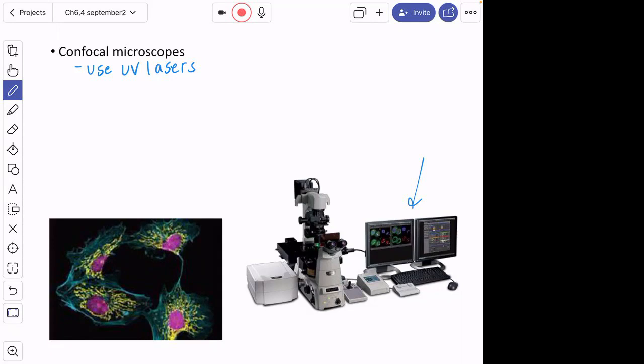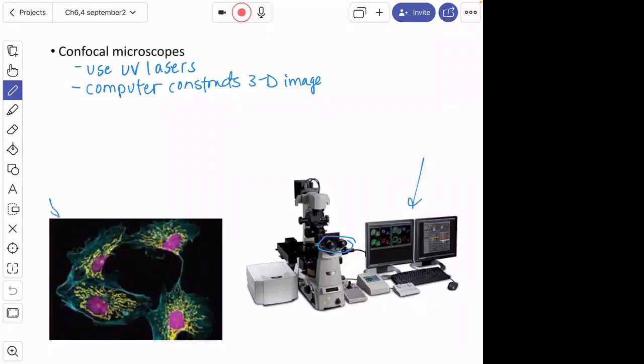And the computer actually constructs a 3D image. So it looks like there's some ocular lenses here and that you can actually look at your specimen. With any microscope that uses UV light, there's a stop there. So obviously you don't want to be looking into UV light. That would be really dangerous. But also the computer will take sections of the sample and construct a 3D image.